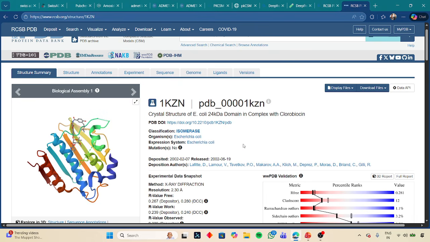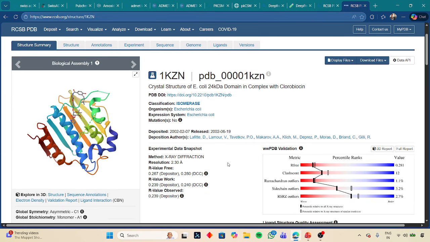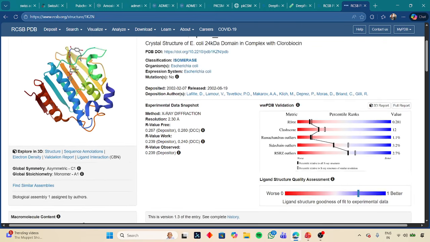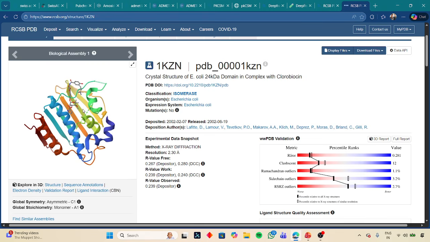In the RCSB PDB, you can find many different sections, like experimental data using the XRD method, with a resolution of 2.30 angstrom. This is the structure of the receptor molecule, DNA gyrase. Previously, I showed dihydrofolate reductase, but we are not going to study that one.